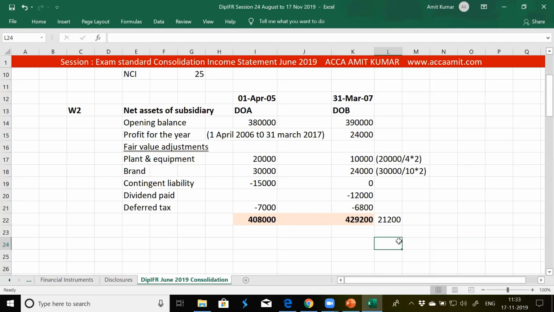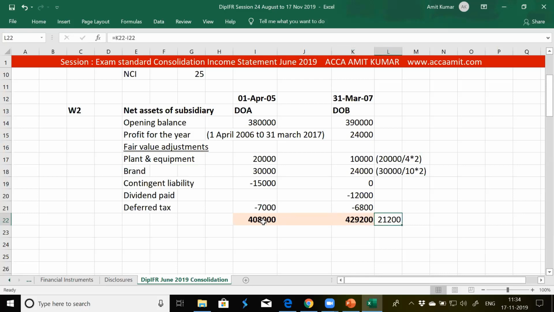How much belongs to NCI? $5,300. So this is the position of NCI on date of balance sheet. NCI on the date of balance sheet, total percentage is 429 to 100.